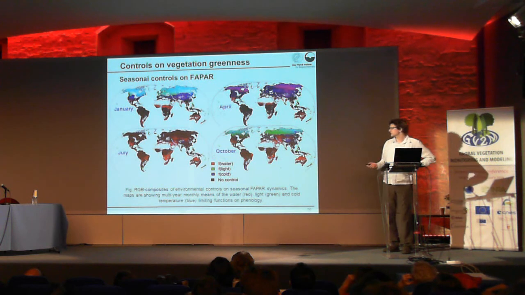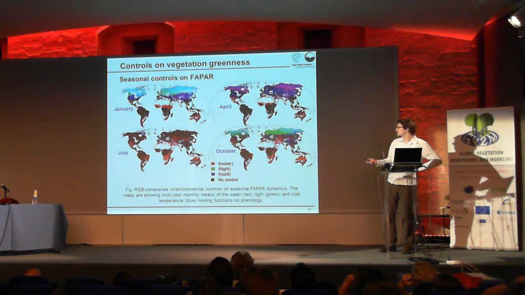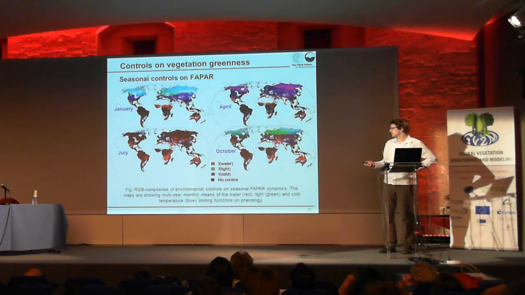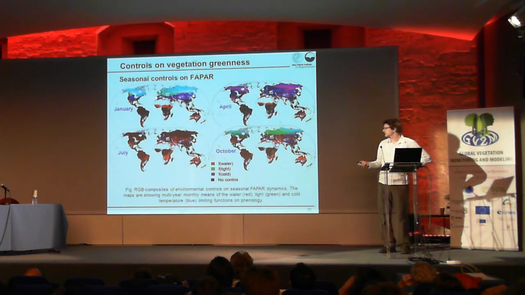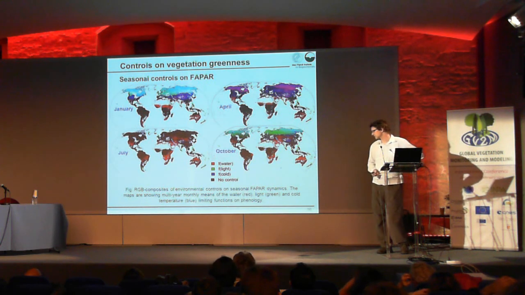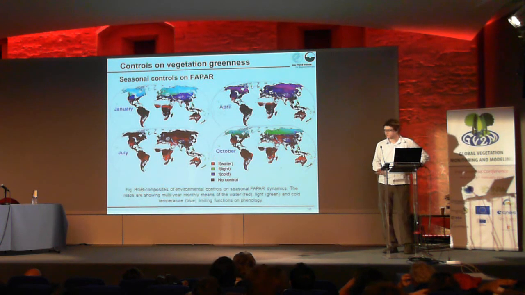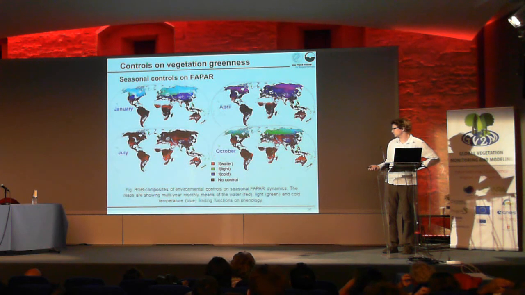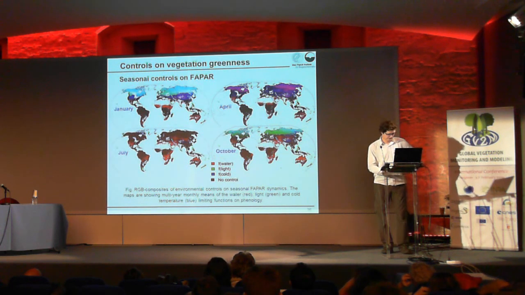And you can see that in winter times, cold temperature together with light is limiting vegetation in the northern hemisphere boreal and temperate forests, while, for example, in the tropics, depending on the season, water can be the limiting factor in the dry season. This is moving with the seasons to the northern hemisphere.